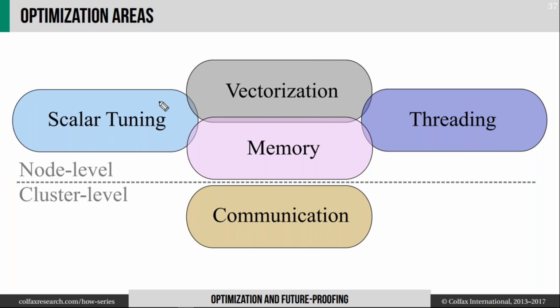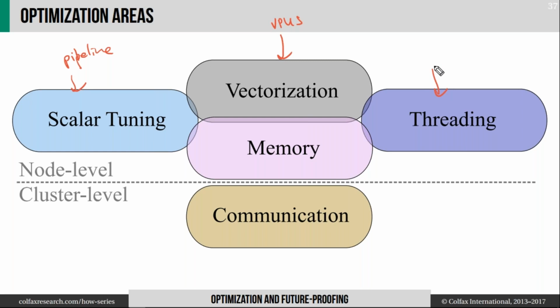This methodology is based on recognizing the building blocks of processors. Scalar tuning is the optimization for the pipeline. Vectorization tuning is the optimization for vector processing units.